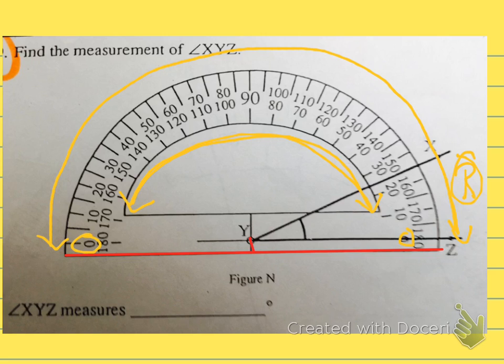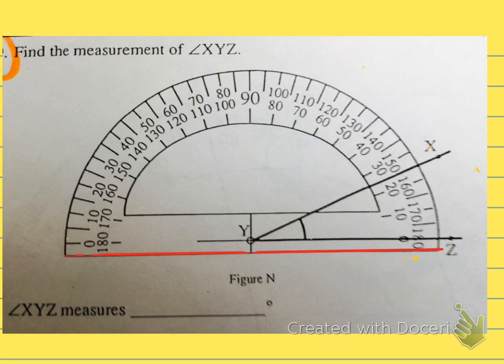You're right. Use the interior line. As we start here at 0, we have an anchor ray, YZ. YZ should be on the straight edge with the vertex point right there in the circle.